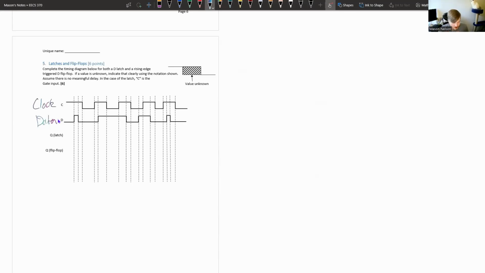So we have to remember how the latch and flip-flop operate. So when we have the latch, while our gate, which is C, is a 1, it's high, we copy the input signal to the output.